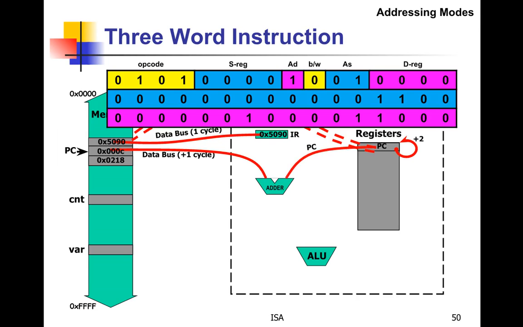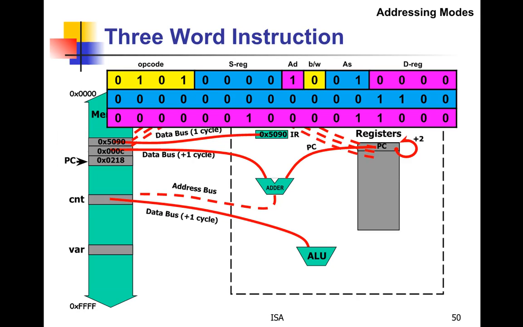I guess we put the PC in there, and then the result of the adder goes out to count, and that gets the source all set up. Now we need to do the destination. So we go out with the PC and get the destination, put that in the adder, and put the PC in the adder, and then the result tells us to store the thing in var.